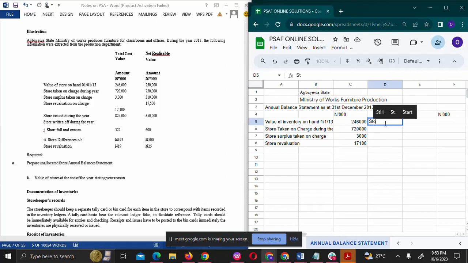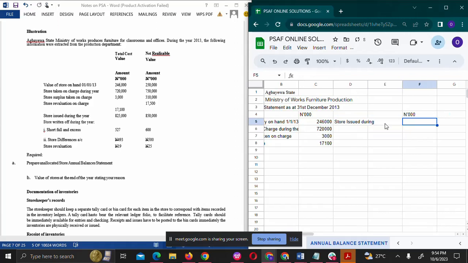When you issue something, it's going to leave your store. So it's going to reduce your balance on the annual balance statement. So it's going to be on the credit side, and that is 825,000, right?